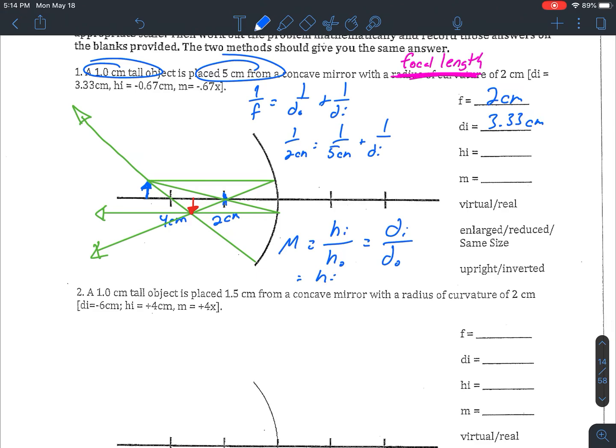We don't know our image height, our 1 centimeter object height, and our 3.33 centimeter image distance. And our object was placed 5 centimeters away. Plug that in, solve for our image height, and we would get 0.67.